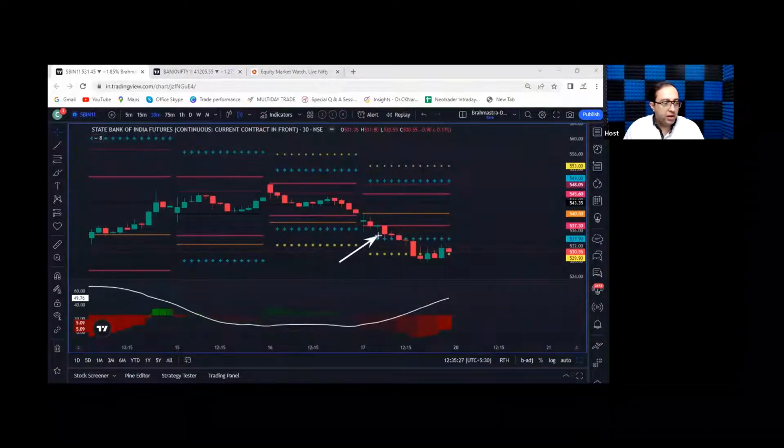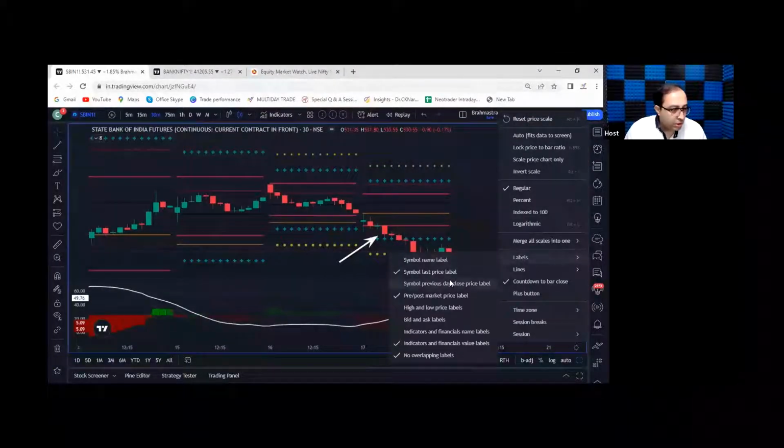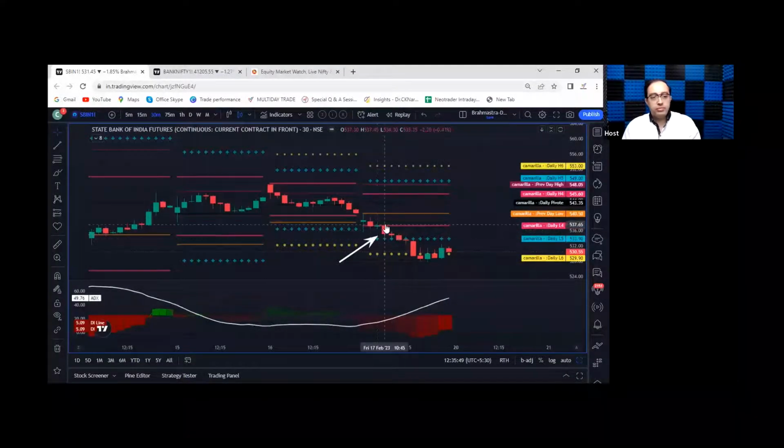You can see here it has come down below L4. Can you see this? I'll just put the labels here. You can see here it has come below L4. Can you all see?